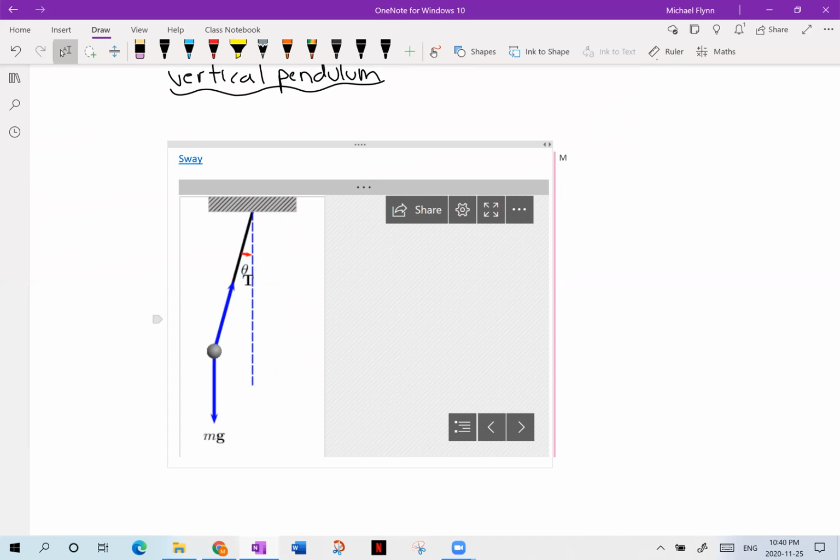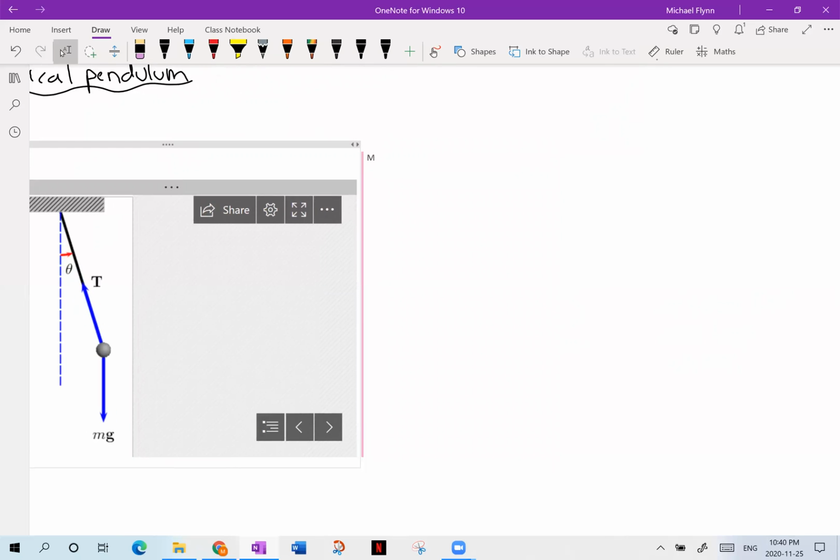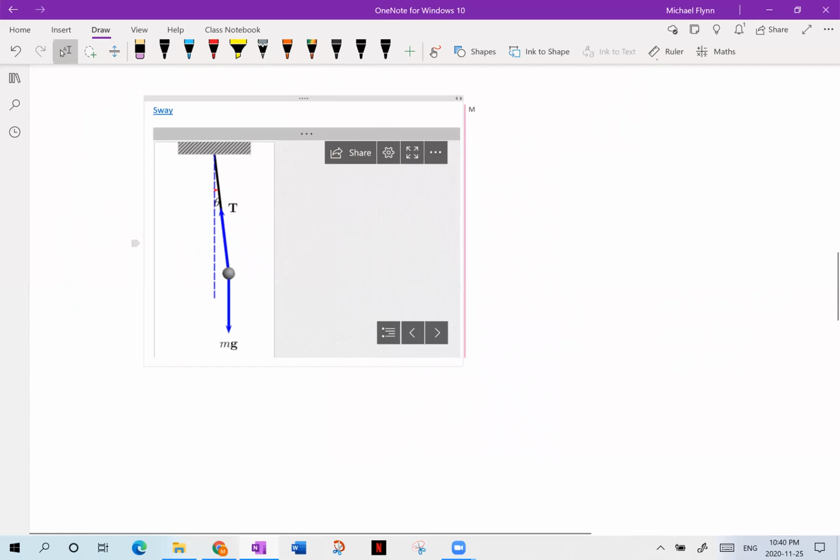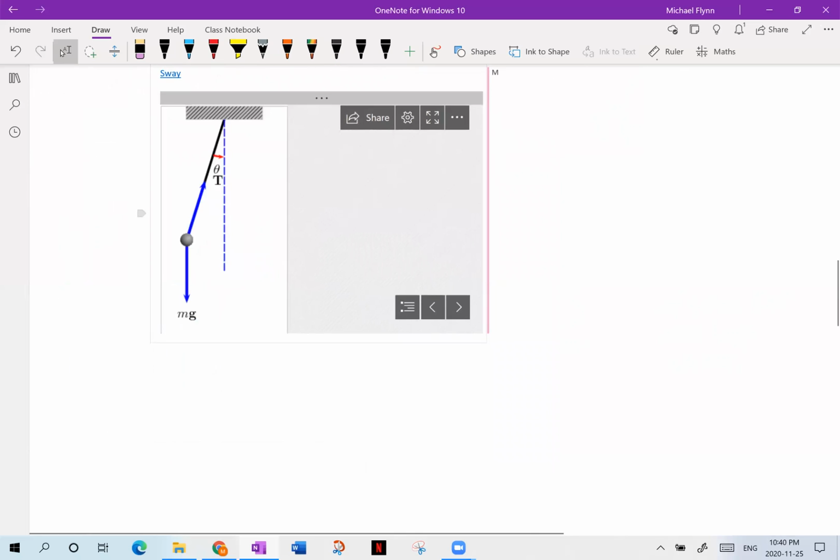And here the pendulum is only completing part of the arc, and they use capital T to represent the tension in the rope, which is a changing number, but the weight of the mass is not changing, it's just mg, okay? Now, how do you work out questions involving vertical pendulum? Well, let's do an example, okay? And I'll show you, well, this will be our first example of circular motion. I'll show you how you can do a problem with vertical pendulum.